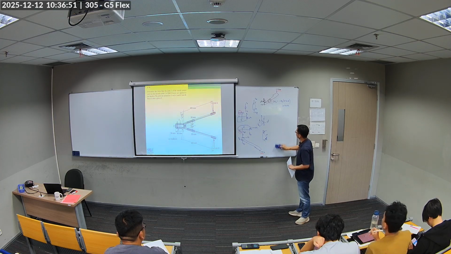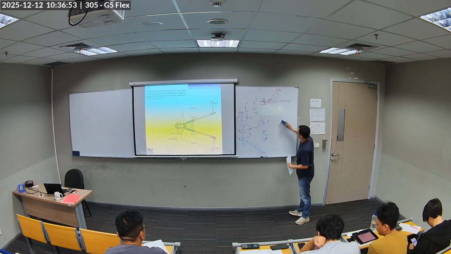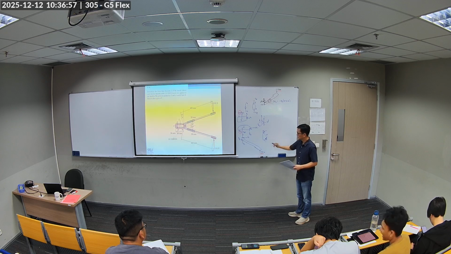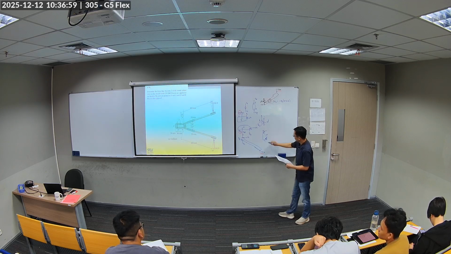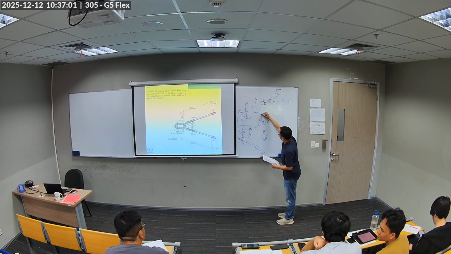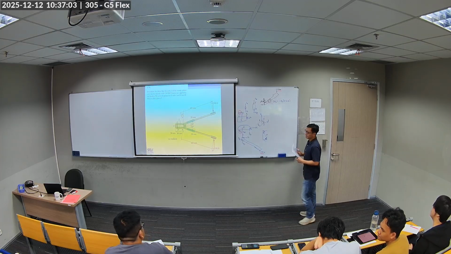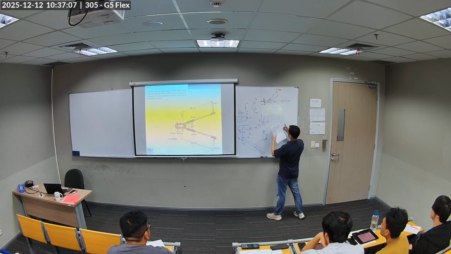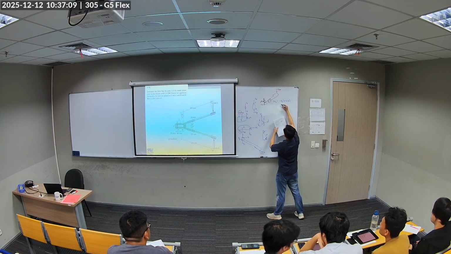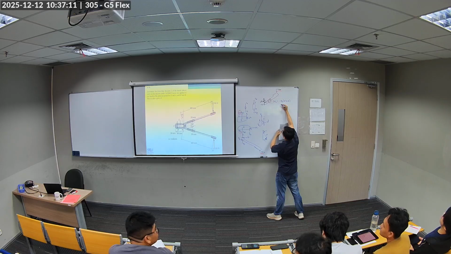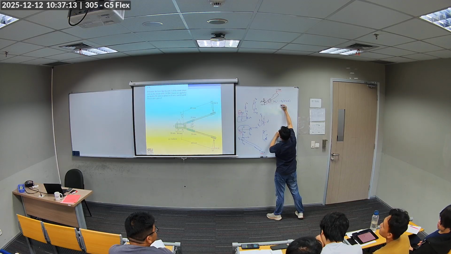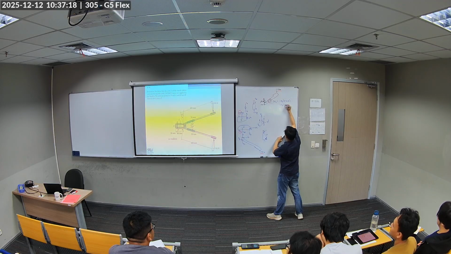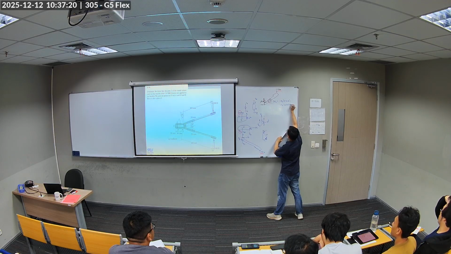Take your pick. Either works. So that's the moment arm distance for AY. And then you have AX. It'll be counterclockwise, so plus AX times 20 cosine of 20.